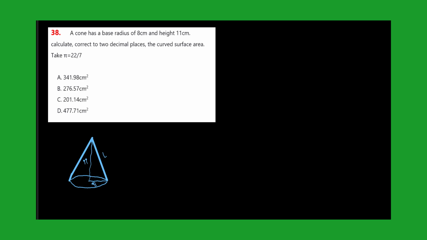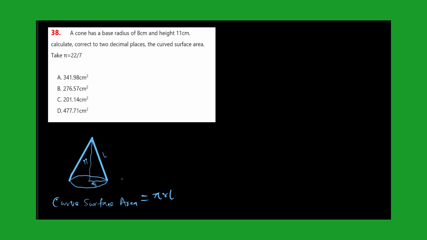We are given the height. So the curved surface area formula is pi RL. The pi is 22/7. The R is the radius, where the L is not given.